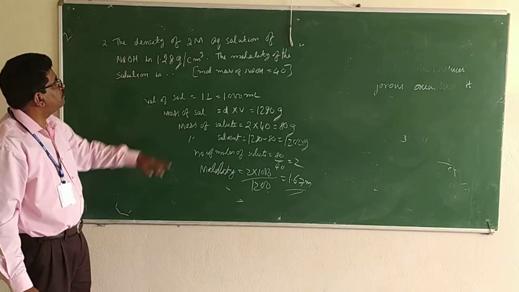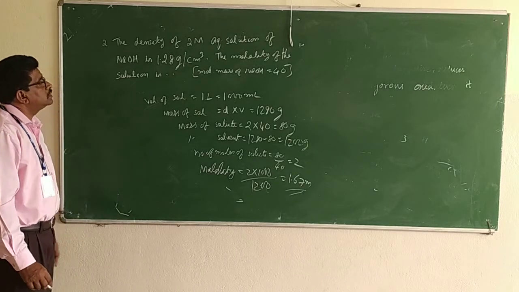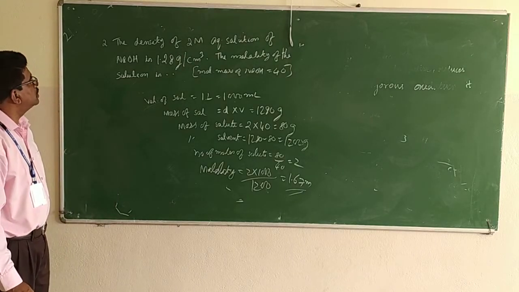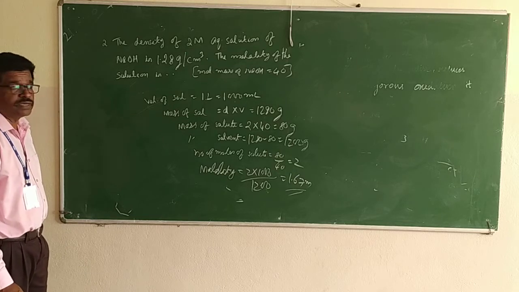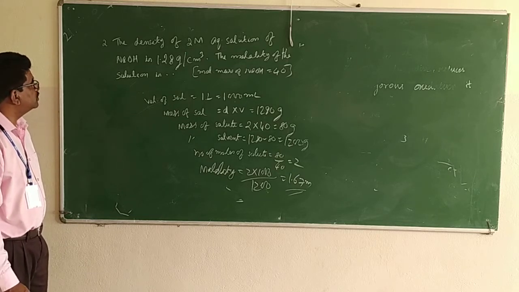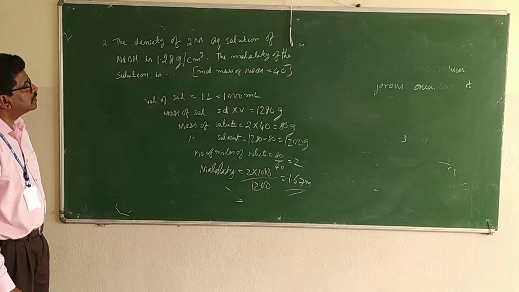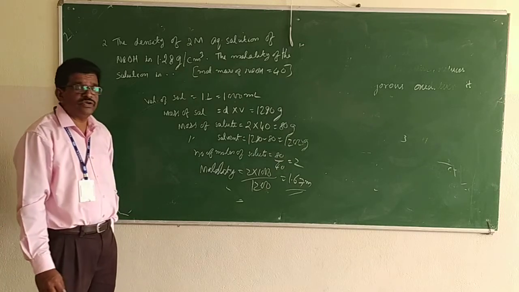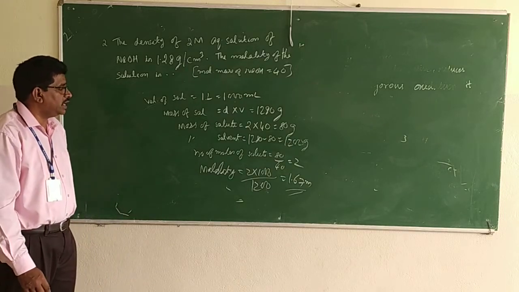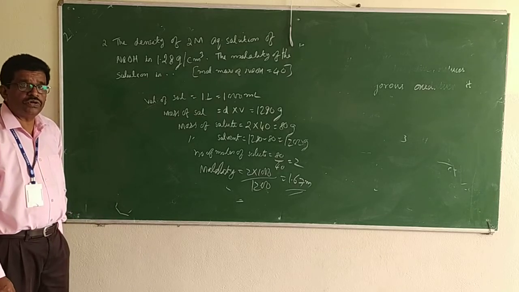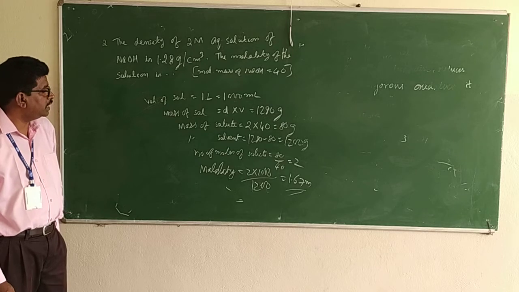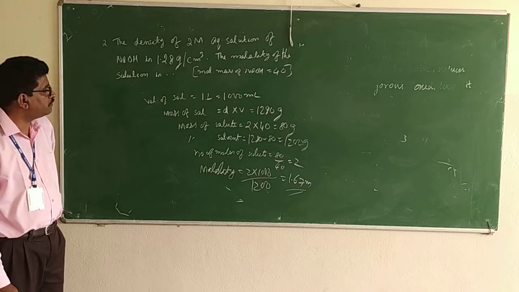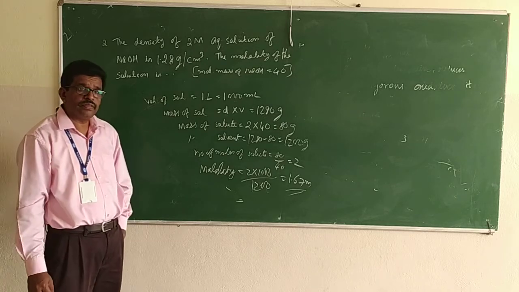The density of 2 molar aqueous solution of NaOH is 1.28 gram per centimeter cube. The molality of the solution is, given that molecular mass of NaOH is 40. Molality is equal to number of moles of solute by mass of solvent in kilogram.